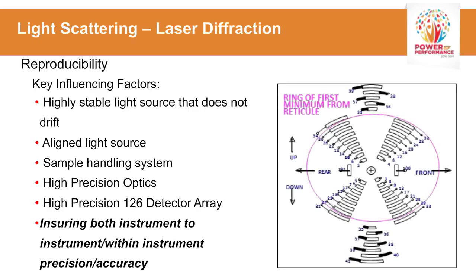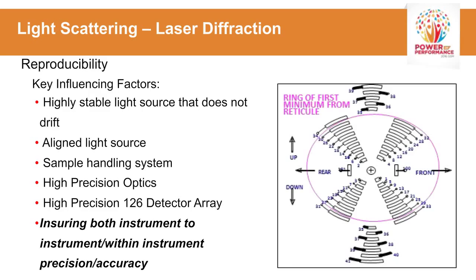Also, the sample handling of always flowing representative powder, or if it's in a liquid system, keeping the particles suspended and homogeneous throughout the measurement is extremely important, as well as the optics. But this allows us to very easily position the laser beam, and it takes a few seconds to do an alignment on the instrument.